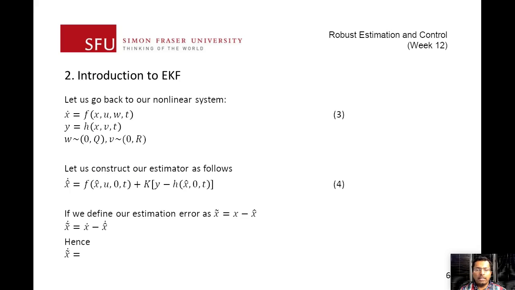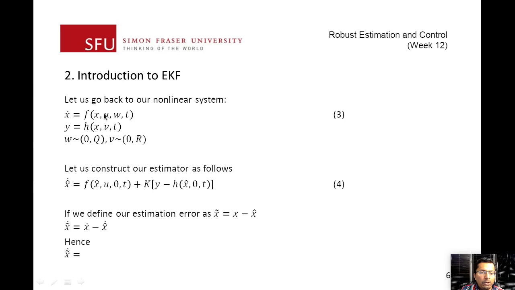So let's now look at the EKF, or the extended Kalman filter. We go back to our nonlinear equation: x dot is f, and y is h, where w and v are zero mean Gaussian noises or processes. Since we know how the system is going to evolve, I can say x dot is f, substituting in the same values.